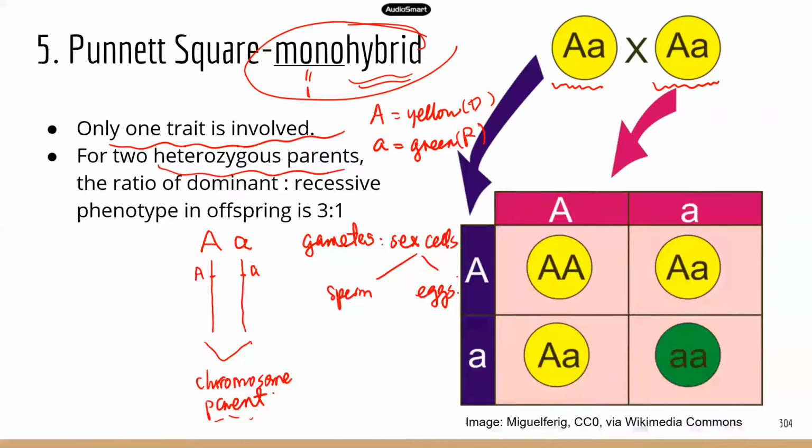So basically, each gamete, each sex cell, is going to inherit only one of the two chromosomes. So one gamete is going to have this chromosome that contains the big A allele, and the other gamete is going to have the other chromosome, which contains the little a allele.